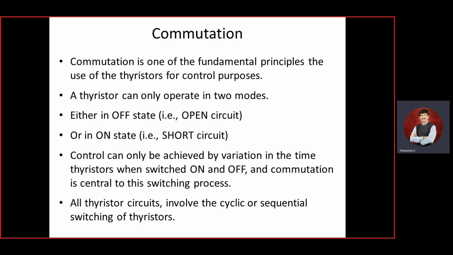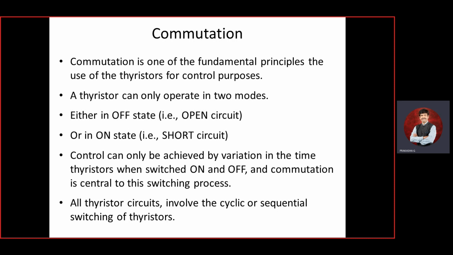Control can only be achieved by variation in the time the thyristor is switched on and switched off. So what I have to do is vary the time on and time off of the thyristor in such a way that you can control it. Once the thyristor is switched on and I have given the gate current, it keeps on going beyond control.